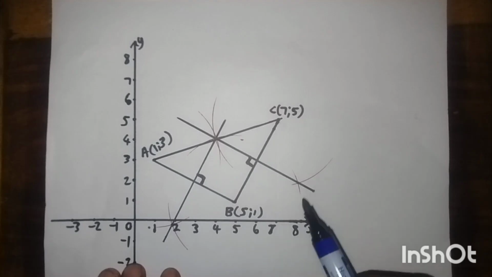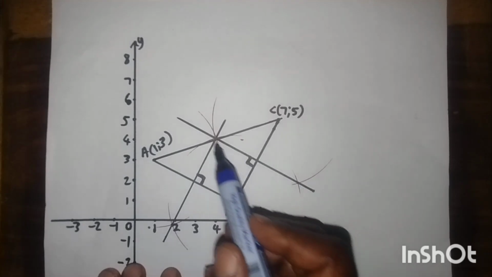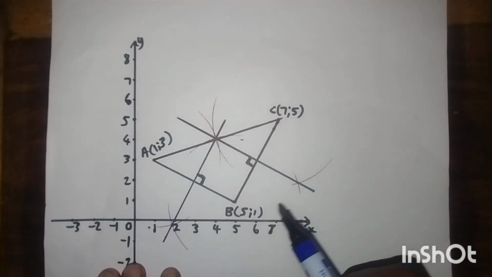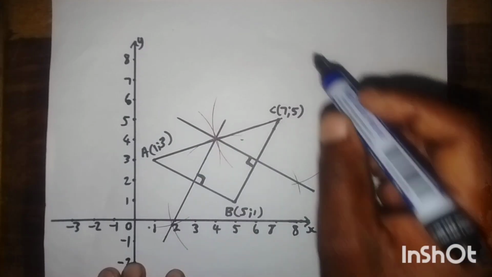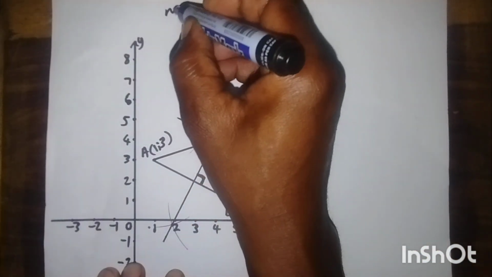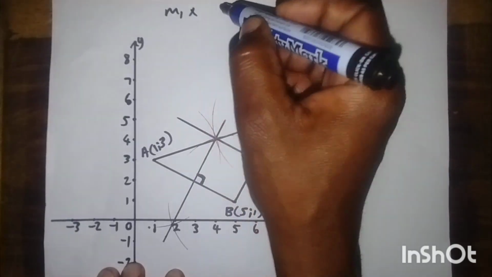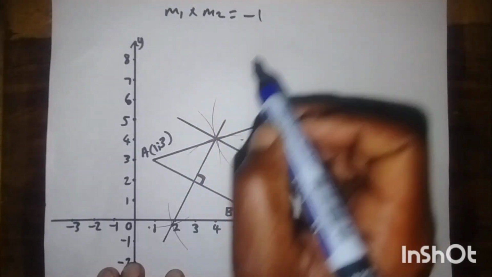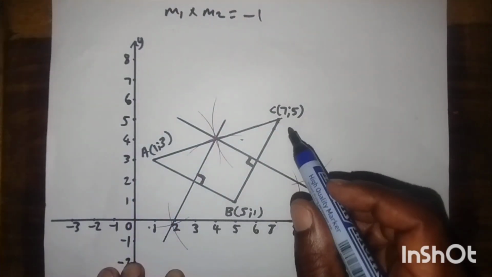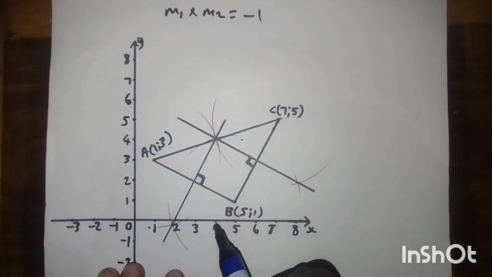Now we want to find the gradient of the perpendicular line of BC. For us to find it, we are going to use the property m1 multiplied by m2 equals -1. m1 stands for the gradient of BC, and we discovered that the gradient of BC is 2.